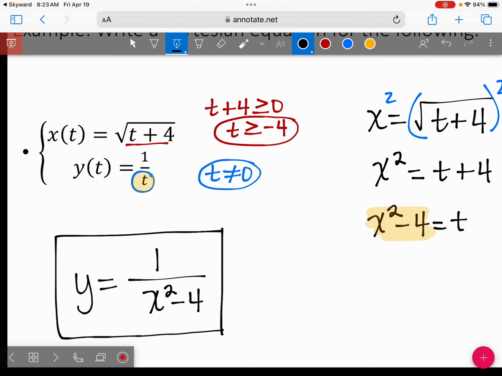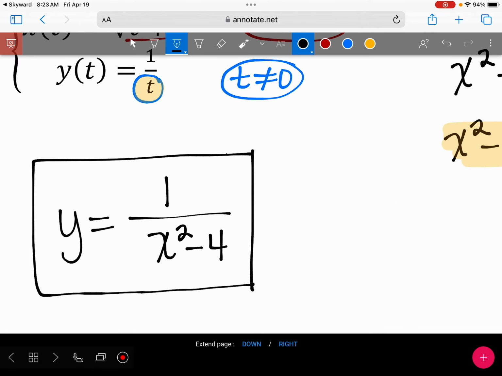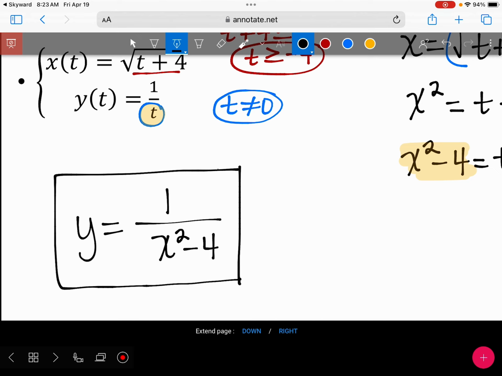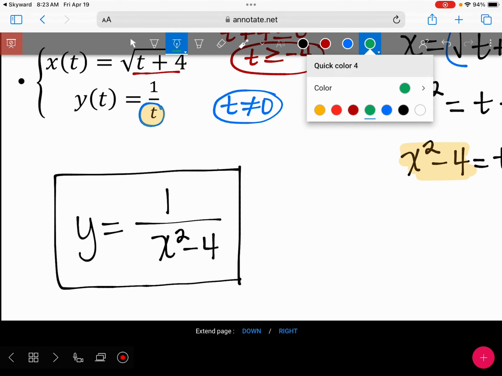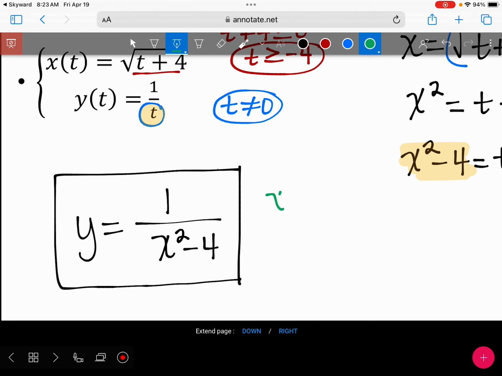So this is my final equation. But when I look at that, I have a brand new red light that I need to consider. Because that's x squared minus 4 in my denominator, we have to remember that it cannot equal 0. So let's solve that.